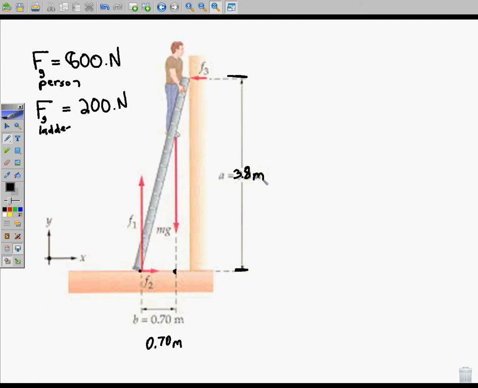Here's the guy's weight. You know what? They don't even give any ladder weight in this problem, so let the ladder be negligible weight. We're not going to worry about the weight of the ladder. It's a special ladder that doesn't actually weigh anything.